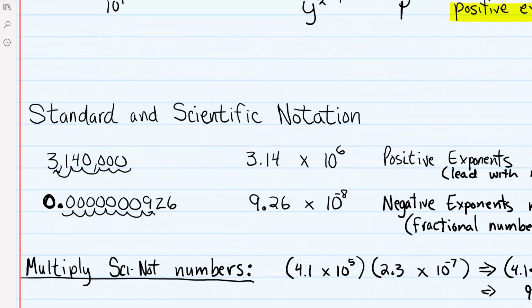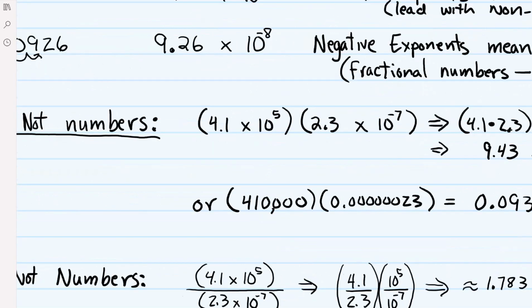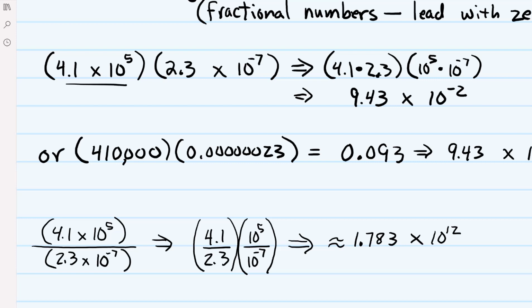Okay, now I'm going to talk to you about multiplying in scientific notation. There's a few ways to do this. You could simplify first. You could take the 4.1, which is times 10 to the 5th, so we move the decimal point out 1, 2, 3, 4, 5, and in those empty places we put zeros.